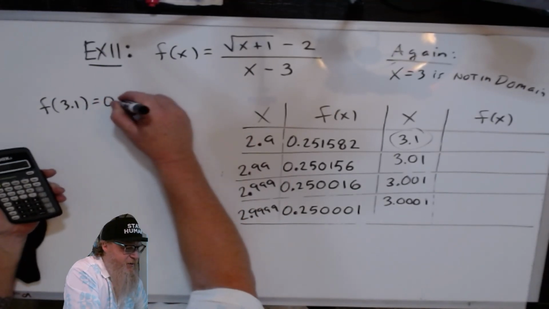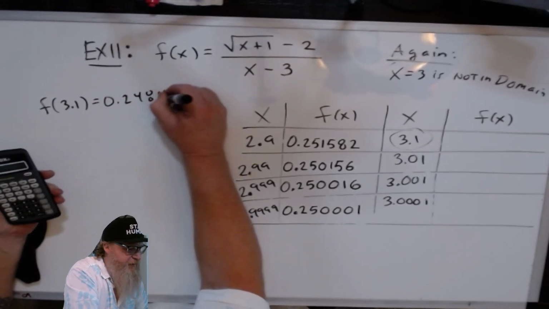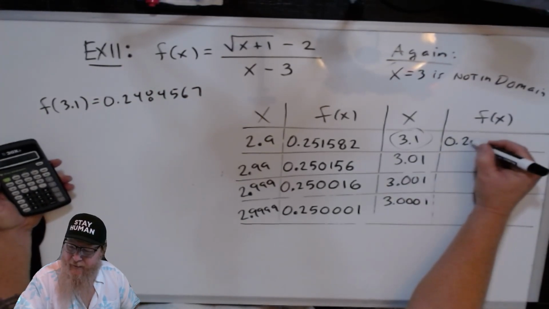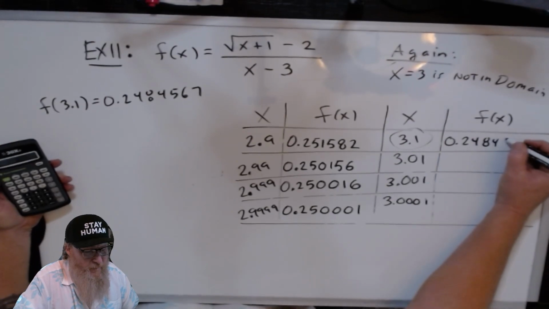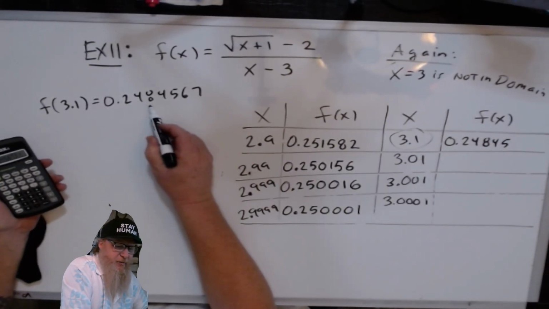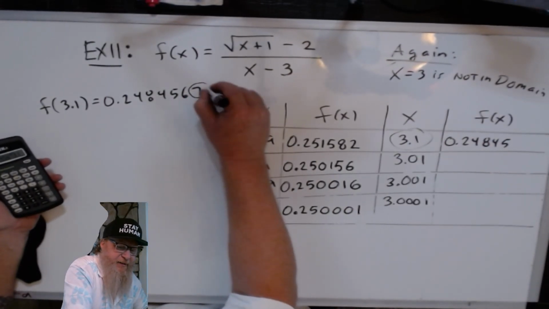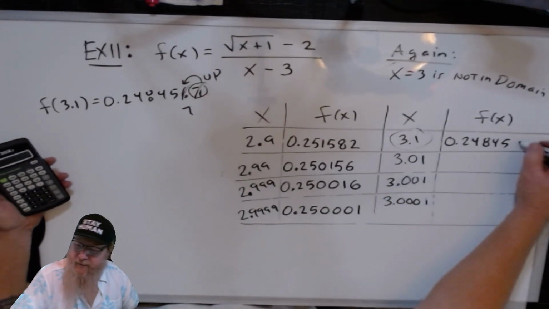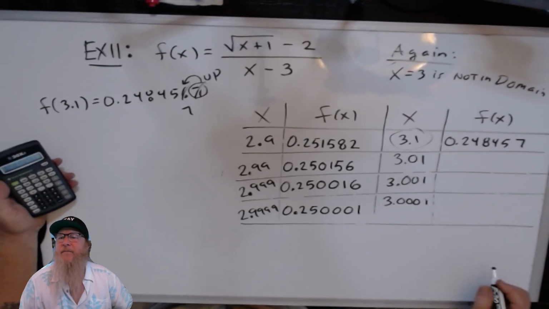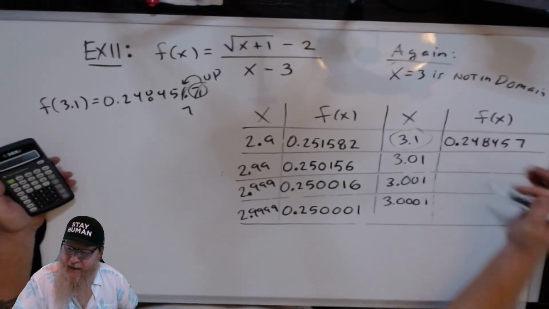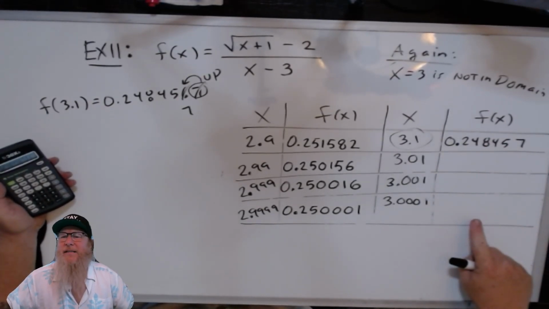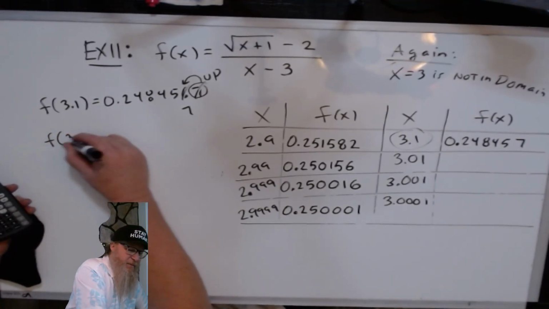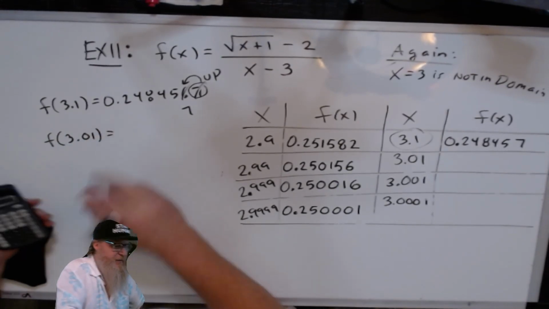So I'm going to get 0.248456, etc. The deciding digit is 7, so we're going to round that up to a 7. Again, I can't quite see the pattern yet, so let's do another one.